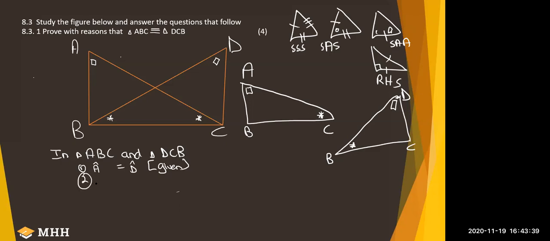Then I'm going to say angle C. Okay, what I also suggest you do, if you look at the naming order, ABC, there's your A, and DCB, so there's your D. ABC, so the C is a little cross, and DCB, so B is a little star. Angle C will be equal to angle B. What's the reason? Given. Okay, could anyone see the third one?